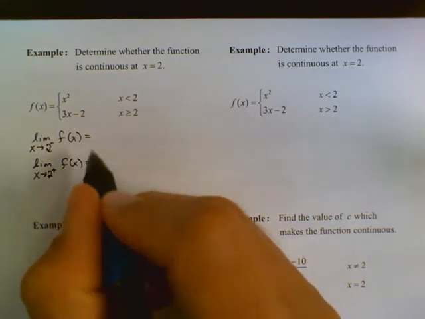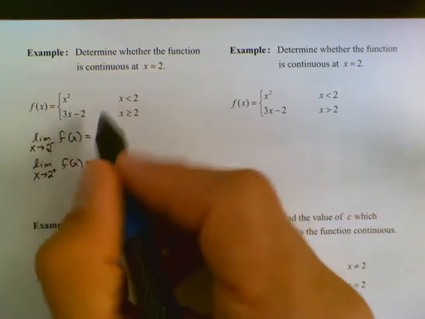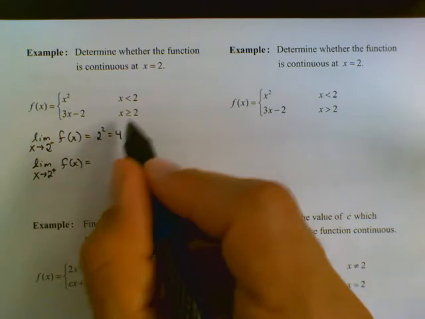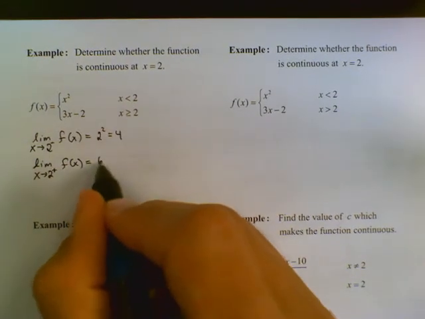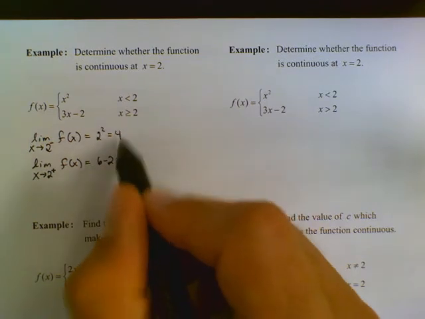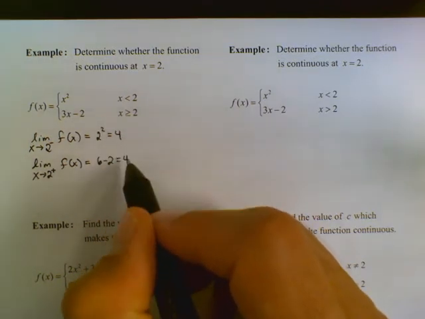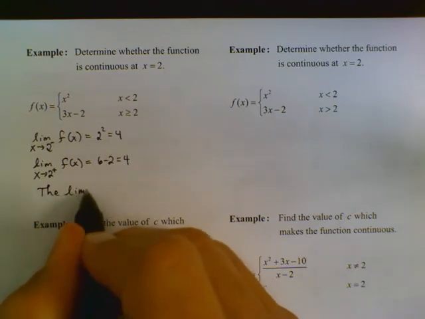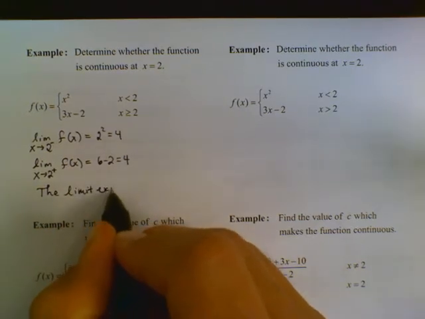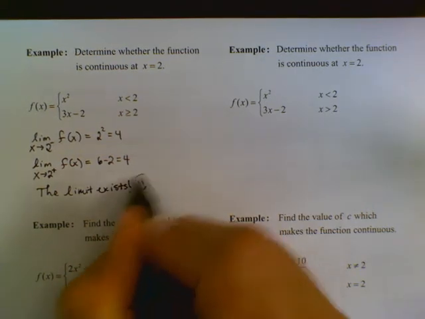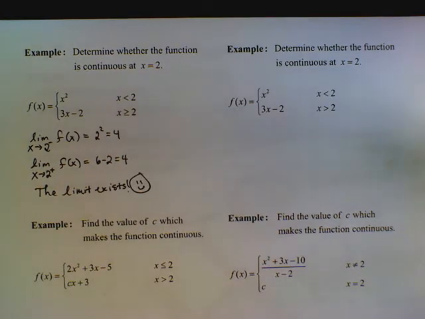Well, in this case, the left-hand limit would be 2 squared, or 4, and the right-hand limit would be 6 minus 2, which is 4. Notice that the left-hand limit and the right-hand limit are equal, so therefore the limit exists. Alright, and in a previous video, I drew a smiley face every time we met a condition to continuity. So there we go. The limit exists.